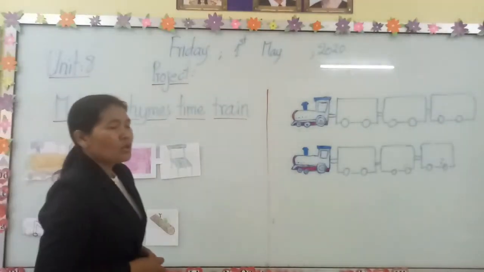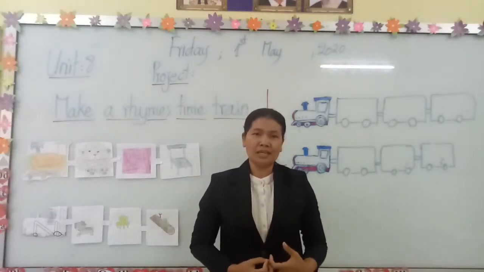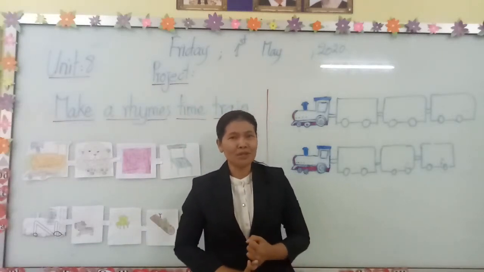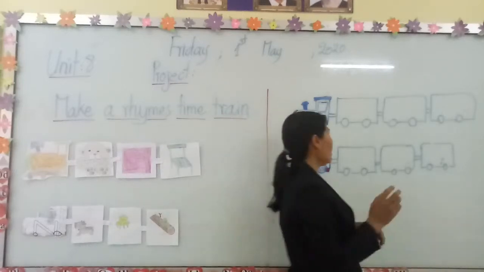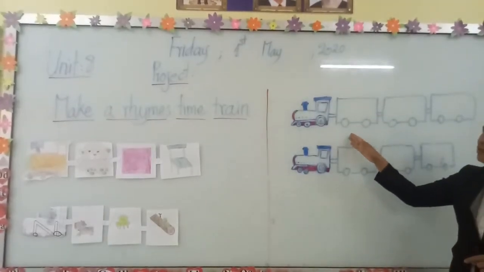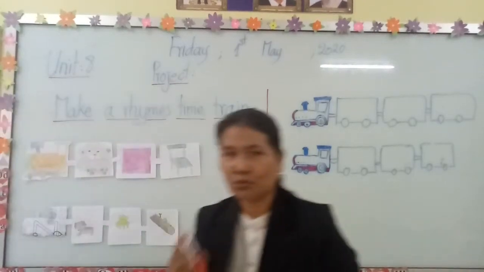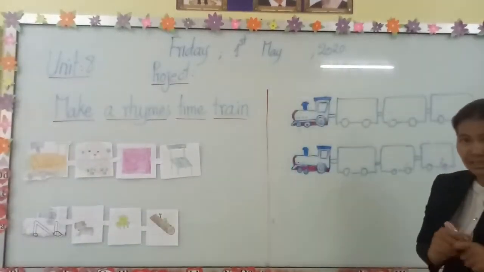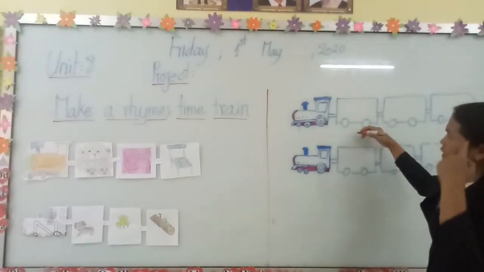This is the project that teacher suggests you do at home, and I hope you are doing fine because we have 2 days off, and you can do it. You can do this one more also. You just draw a train and then write the words like teacher taught you yesterday.